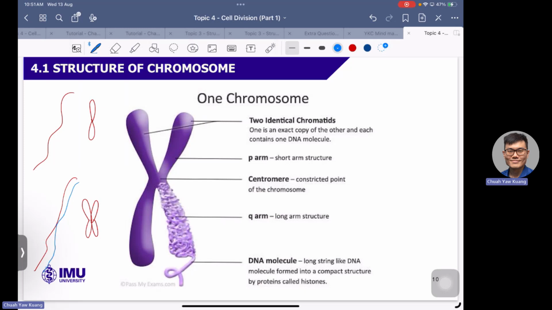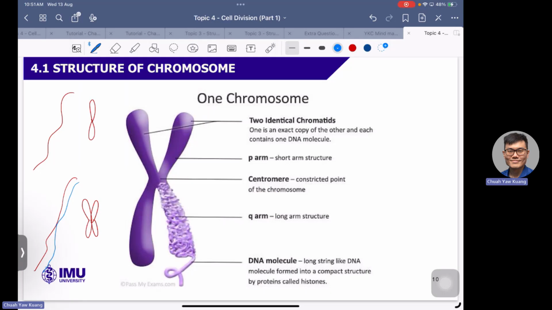So meaning that it has 2 strands of the DNA. Okay? This one is double-stranded, this one is also double-stranded. It's directly copied. It's just that these 2 strands of the DNA are totally identical because the blue color one is totally copied, replicated by the DNA polymerase. This process we call replication. You will learn it in the next lecture.